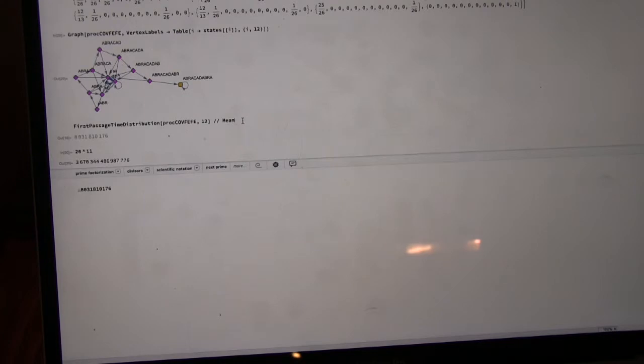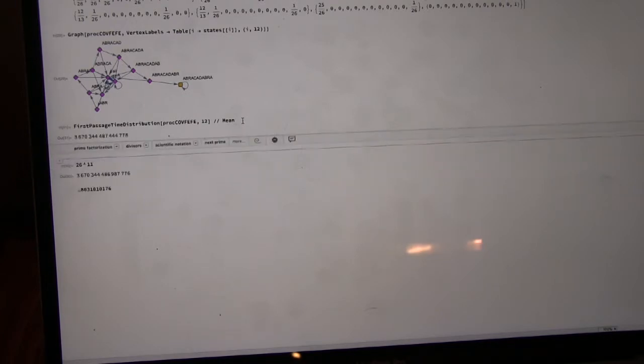All right, let's see what the stopping time is here. Almost identical: 6, 7, 4, 8, 7. So it's actually a little bit more, bigger by about 1 million. But it's really close to 26 to the 11th.